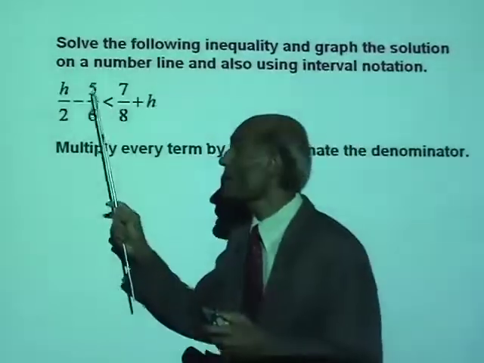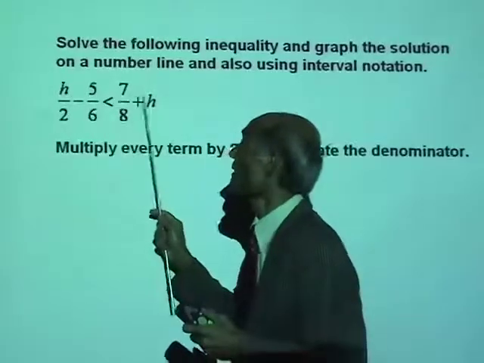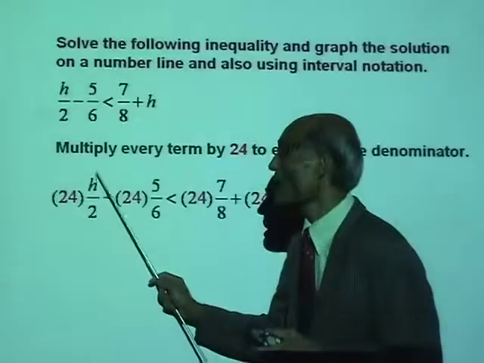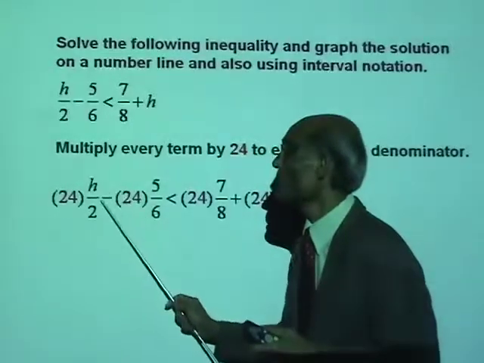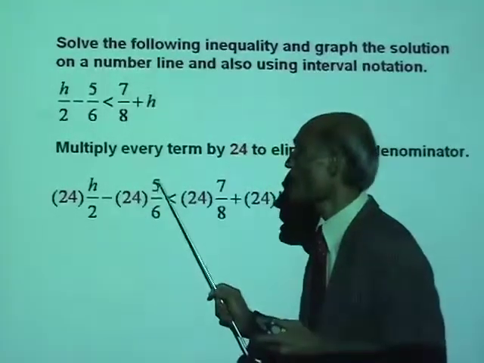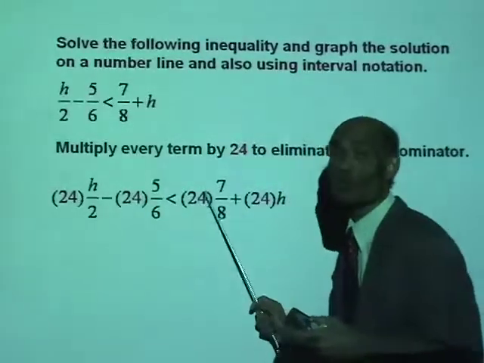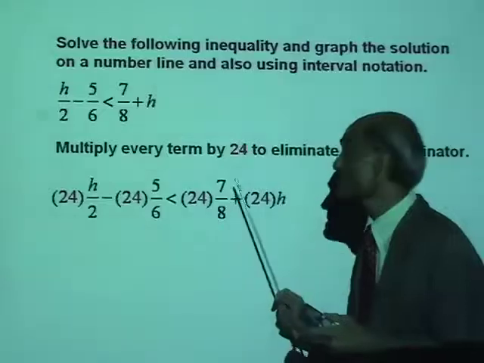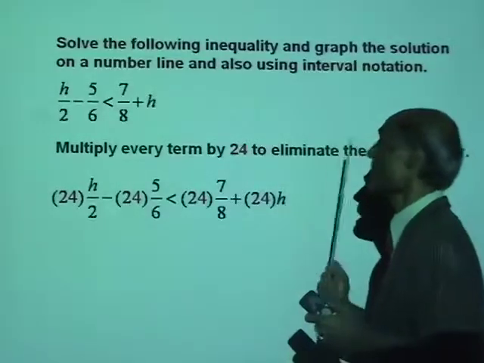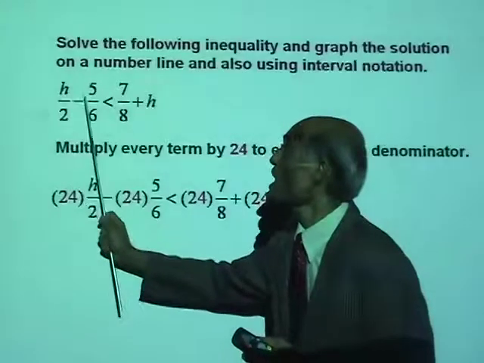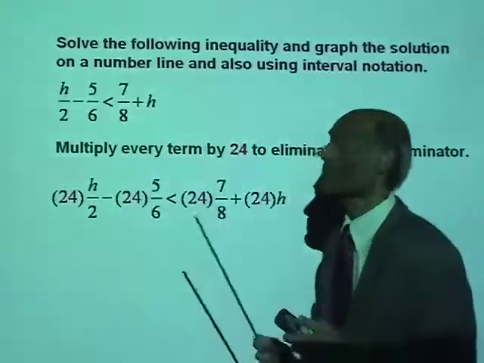So multiply each term by 24. And it will look like this. 24 times h over 2 minus 24 times 5 over 6 is less than 24 times 7 over 8 plus 24 times h. Multiply every term, each term by 24.